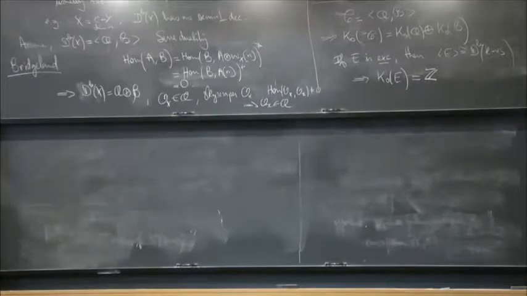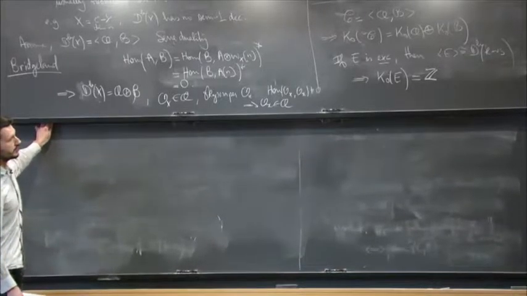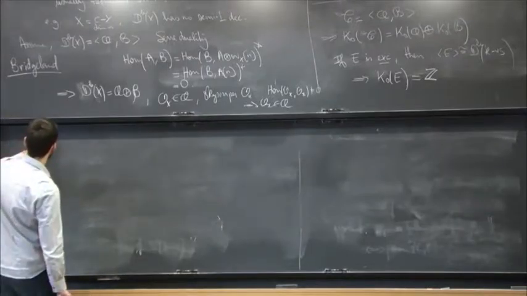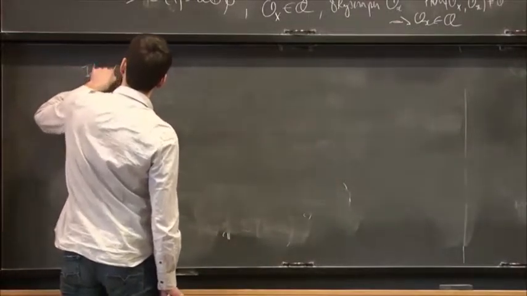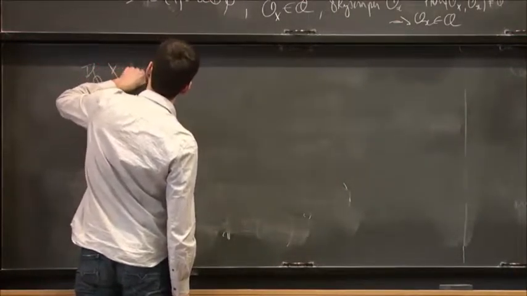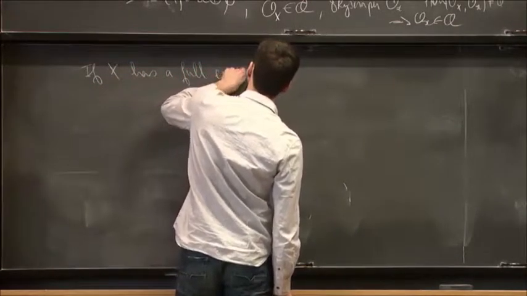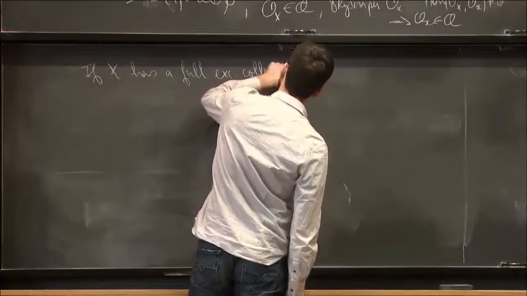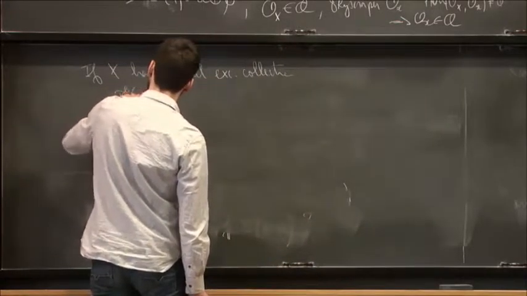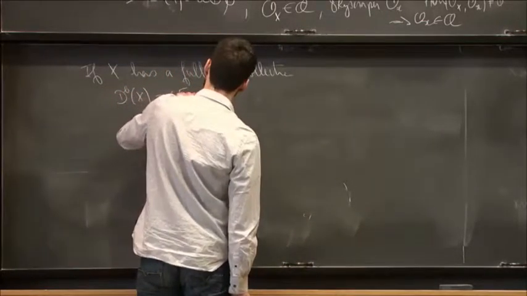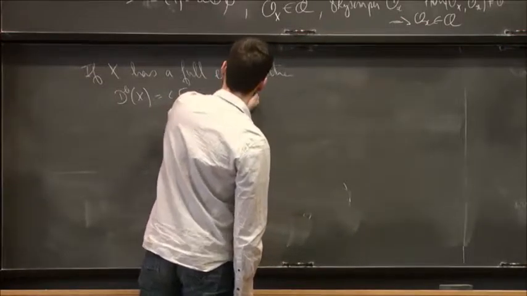Yes, there's a base change theorem due to Kuznetsov, and basically you just pull back. Okay, so my point now is that when I say that X has a full exceptional collection, I mean D^b(X), of course, has a full exceptional collection. So D^b(X) equal to <E1, ..., En>.